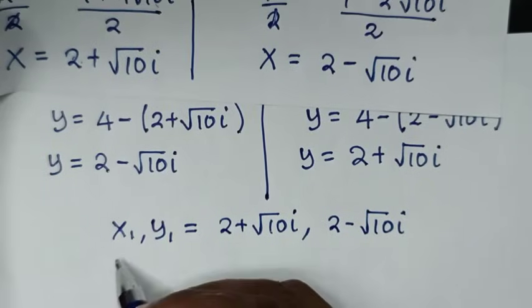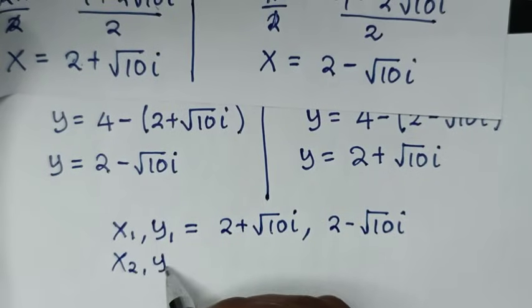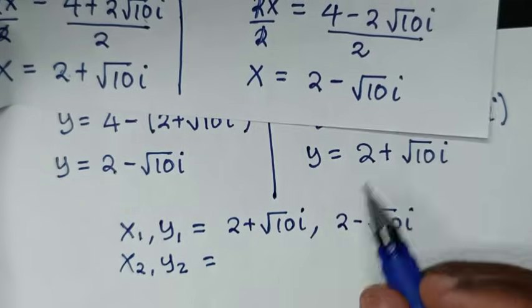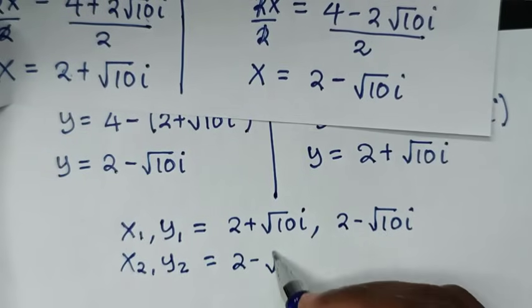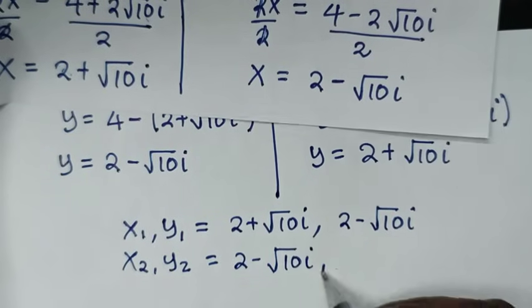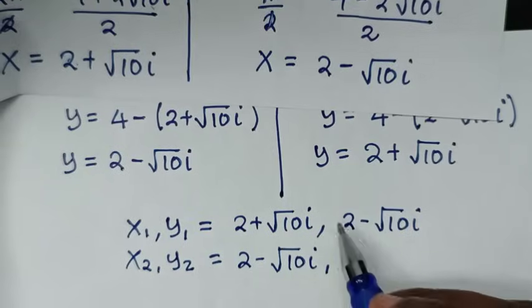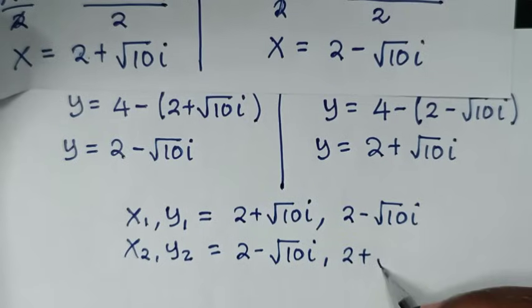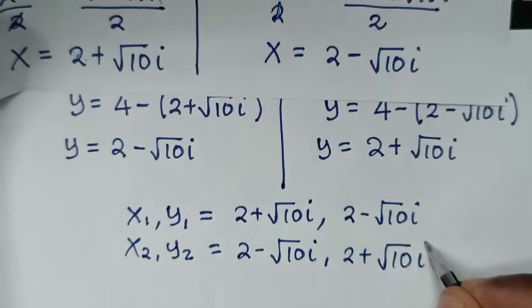Then x2 comma y2 is equal to x2 is this, 2 minus square root of 10i, comma y2 is this, which is 2 plus square root of 10i.